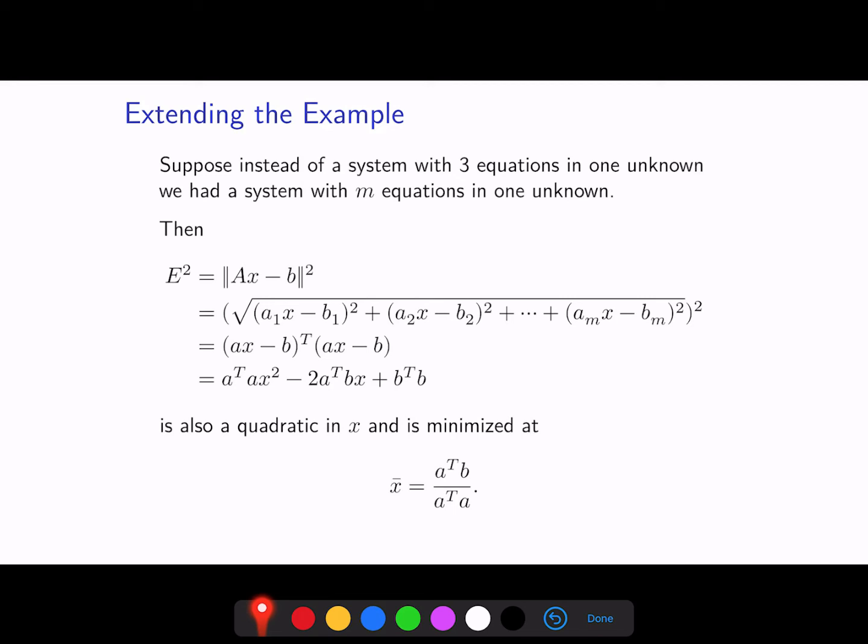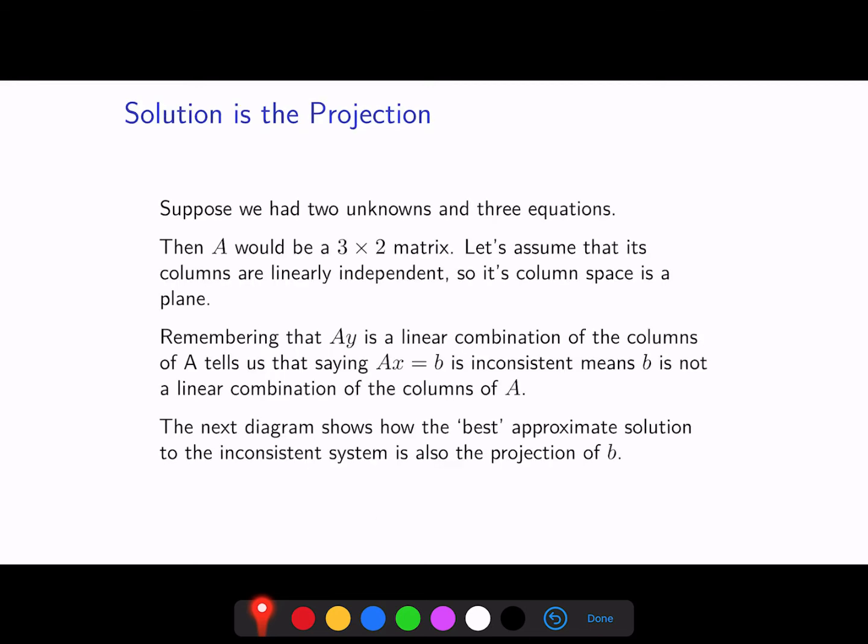Again, if you look at that, you'll see that this formula looks a lot like the projection formulas that we learned in linear algebra. Now let's make this a little more complex. Suppose we had 2 unknowns and 3 equations. Then A would be a 3 by 2 matrix, and let's assume that its columns are linearly independent. So its column space is a plane.